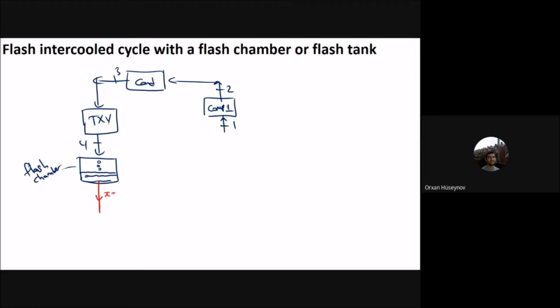X is 0 and X is 1. And then it goes to the thermal expansion valve, then goes to the evaporator, and then goes to the compressor here. This compressor outlet doesn't go directly into the mixing tank here.